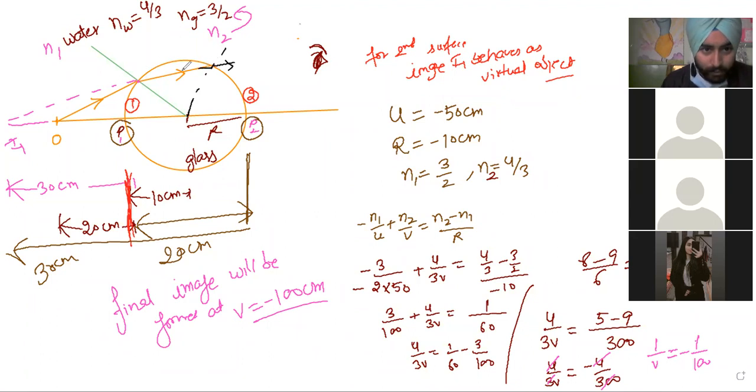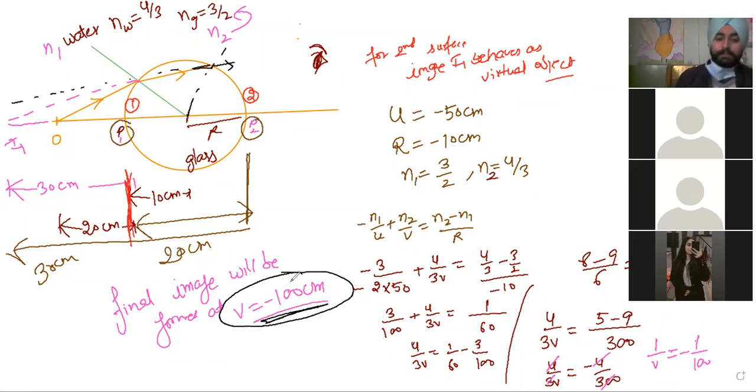So according to that, we have to reproduce this ray, and this will meet at a longer distance. So this is your final image that will be formed at minus 100 centimeter from this P. And that image from P1 is at 80 centimeter. Is this clear?